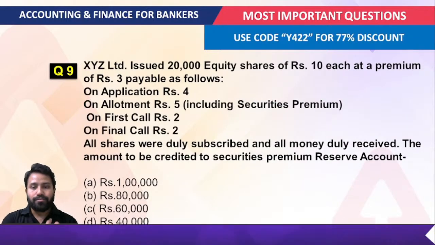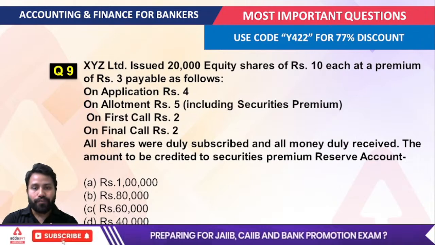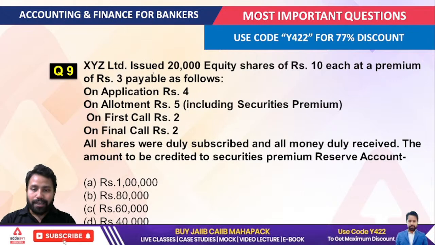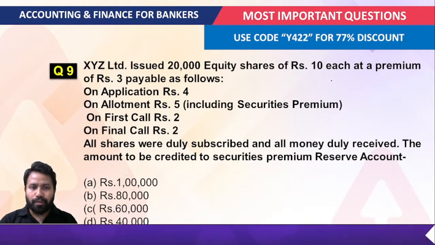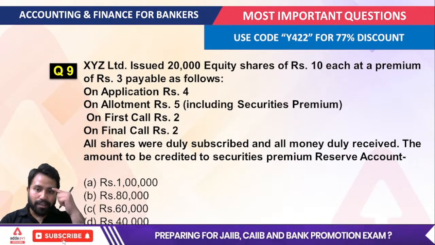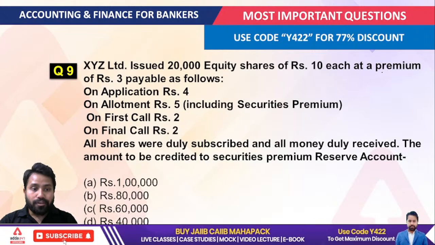Next question, actually based on what we understood in the previous question. XYZ Limited issued 20,000 equity shares of 10 rupees each at a premium of 3 rupees payable. So here the premium is given, that is 3 rupees.